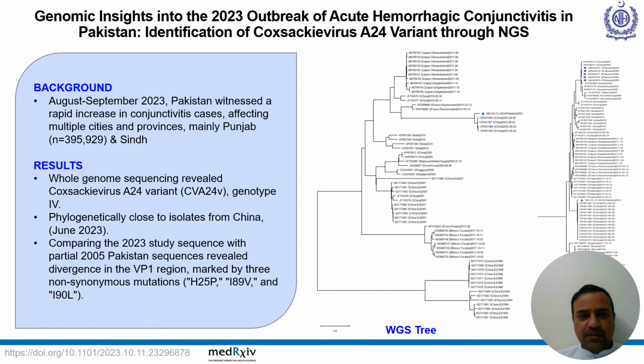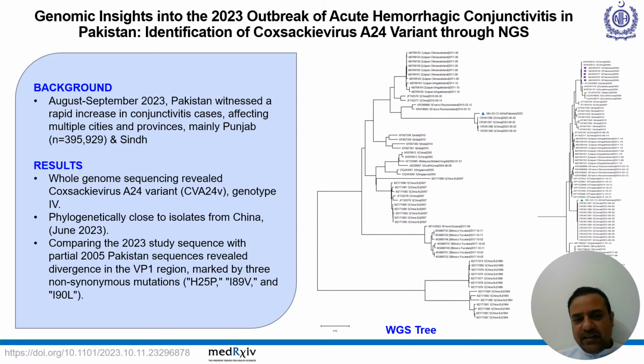So we used metagenome next generation sequencing at NIH, and we managed to identify the pathogen, and it was an enterovirus, which is the Coxsackie A24 variant. And based on our whole genome sequencing, genotype 4 was identified.